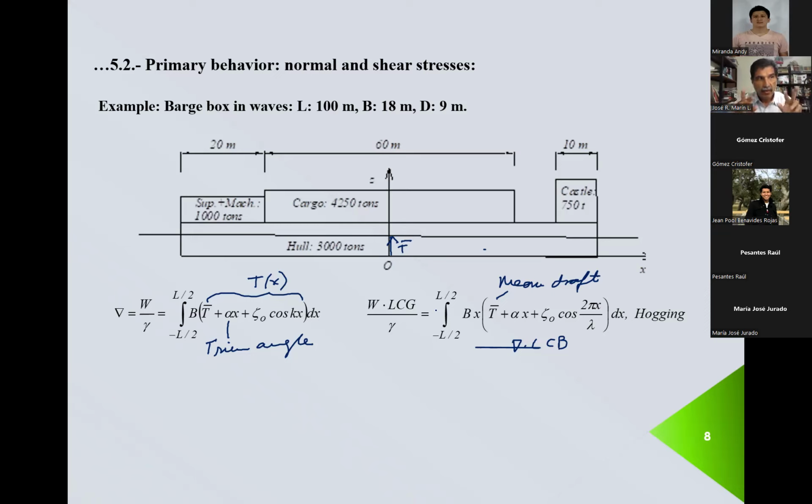If these two equalities are correct, that means that you have assumed correctly the mean draft and trim. Otherwise, you have to iterate. If you have too much displacement, you reduce the mean draft. If the LCB is larger than the LCG, then you have to increase or decrease the alpha. That's why the computer is so useful.